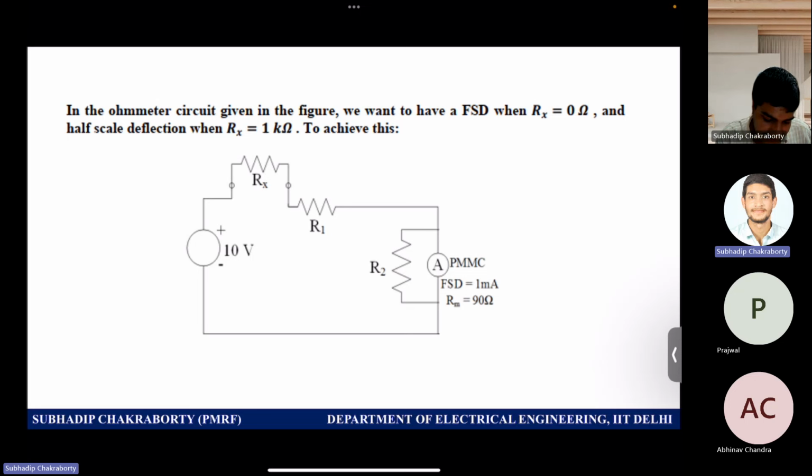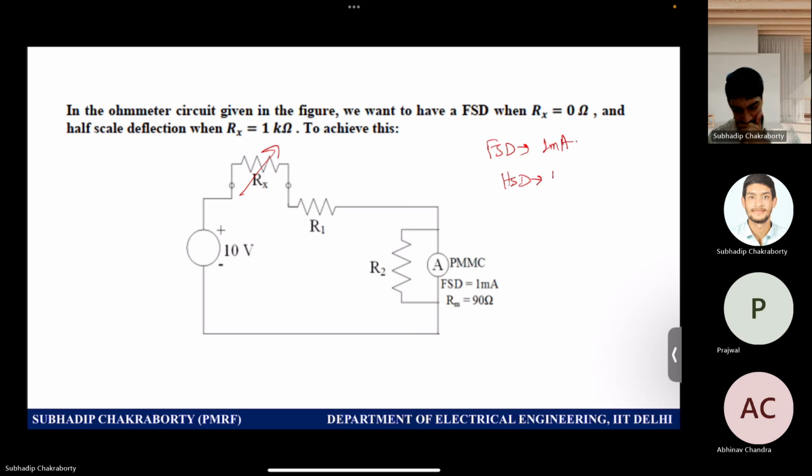Rx is a variable resistance, okay? And the question asks that if you have 1 kilo ohm as Rx, you want to get the half scale deflection. What is the meaning of half scale deflection? Can anyone tell me? PMMC is a linear device. So if full scale deflection happens at 1 milliampere, then half scale deflection will happen at... yes.